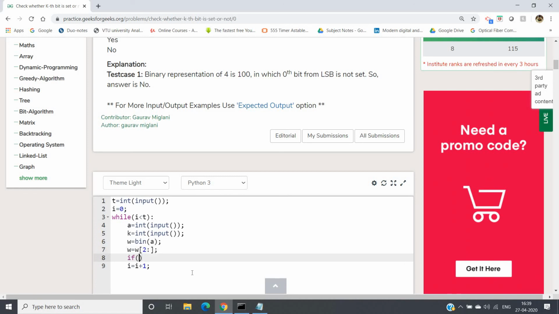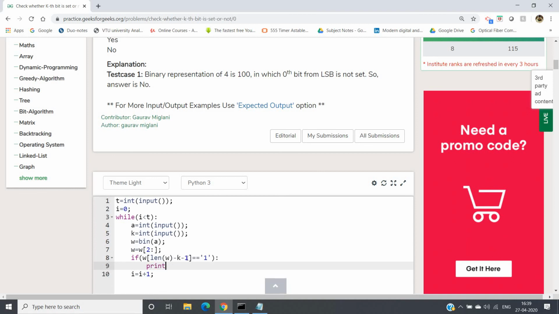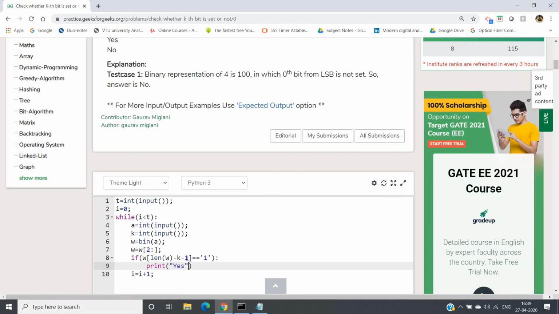Then we check if w, using the indexing concept, at index length of w minus k minus 1, because k is from the right hand side but we are indexing from the left hand side, so we use this because these two are equivalent, as I have shown you, equals 1. If this condition is satisfied, simply print yes, else, with proper indentation, print no.